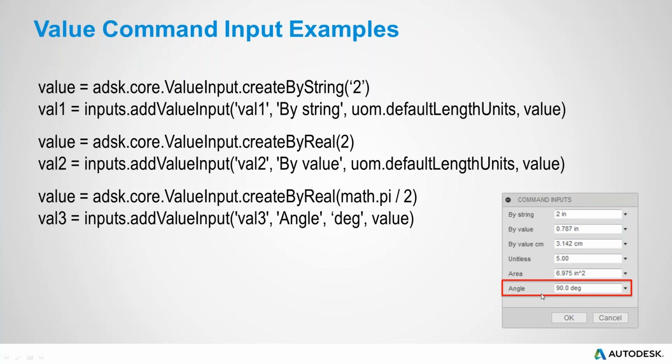And now it's converted that into degrees, because the user doesn't really even have a choice of how he wants to display angles in Fusion right now. So it's always going to be in degrees. But internally, angles are always defined in radians.